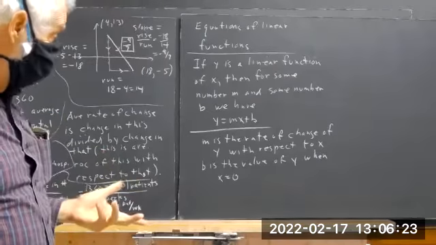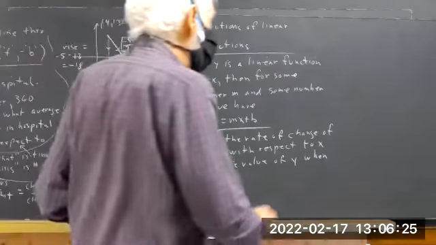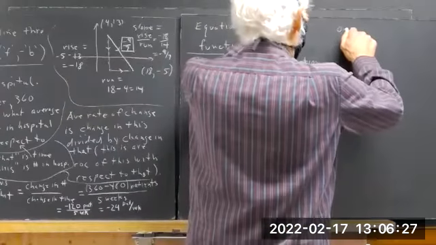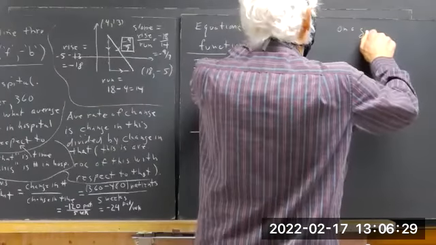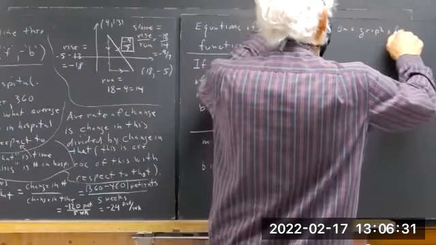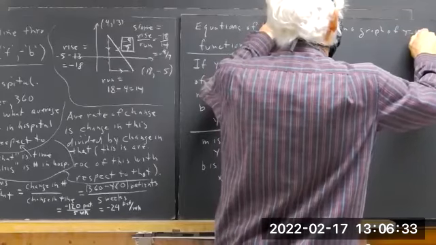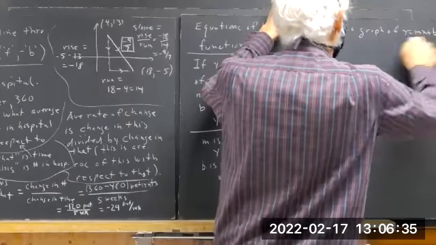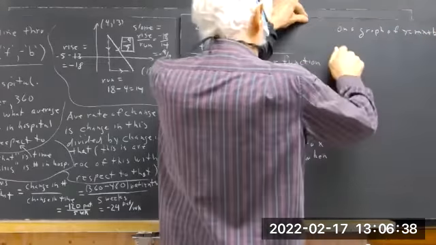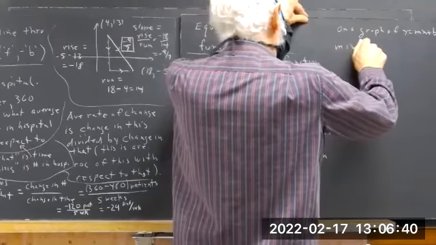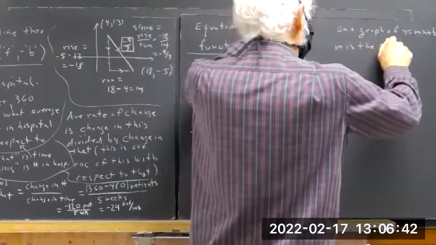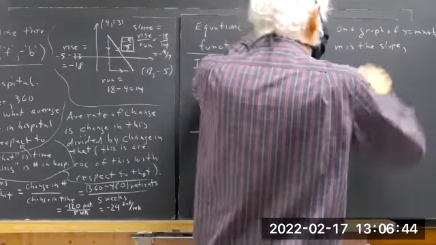On a graph, y equals mx plus b, m is the slope.